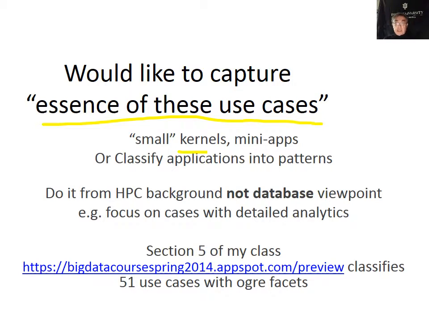This gives you kernels, the core essential part which takes all the time, and so-called mini apps, which are applications cut back so you can realistically put them on new computers to see how well they work.